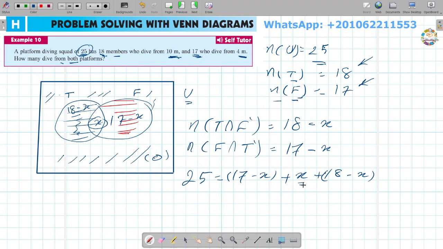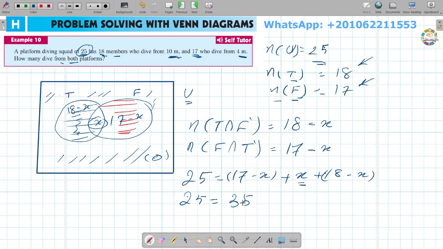Once you find the value of X, that is the result for our question, because he asked how many dive from both platforms. Here we have 25 equals 17 plus 18 minus X. I'm sorry, 17 and 18 should be more than that; it should be 35.